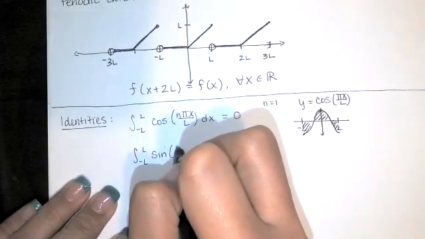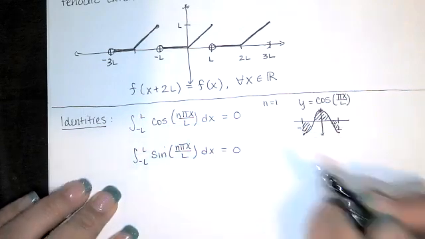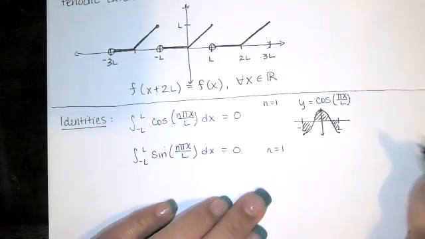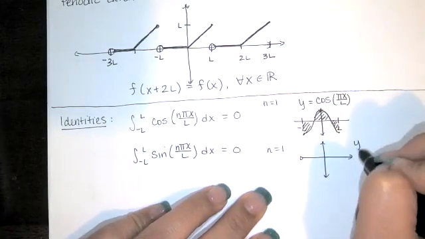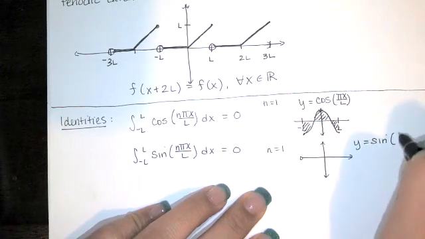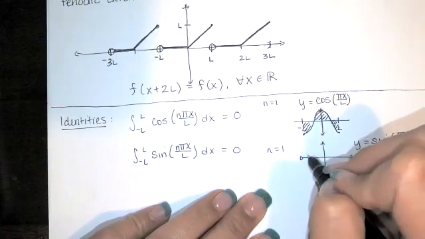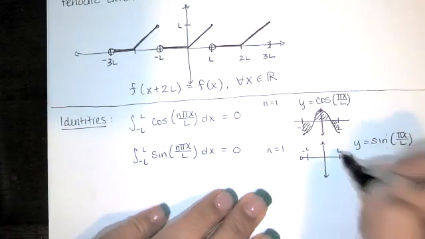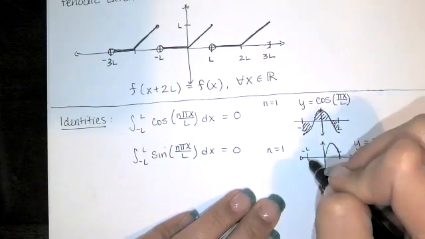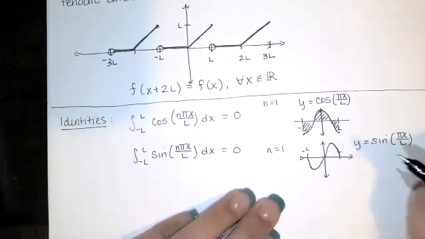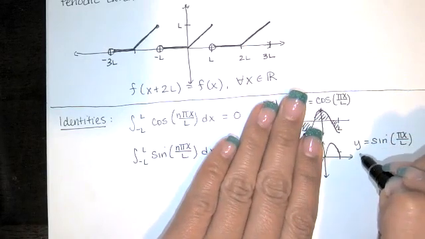Now, same thing happens with the sine function. If n is equal to 1, we have y equals sine of pi x over L. In that case, we would see this on the interval from negative L to L. Remember, our sine function starts at 0 and then it goes up and then it comes down and then it goes over here.